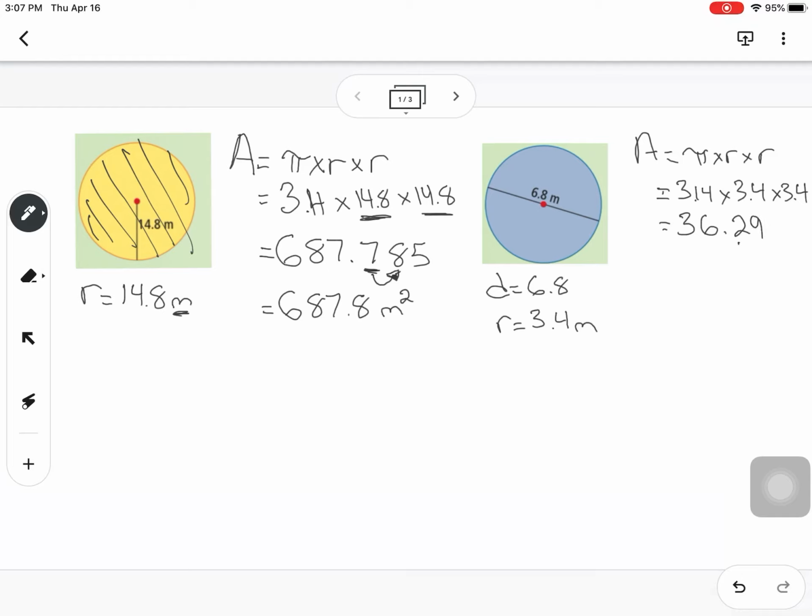And let's round to the nearest tenth again by looking at the place value in the hundredth place. Do we round up or keep the same? Round up. 36.3 meters squared. So that's our basic examples of calculating area of a circle given a radius or a diameter.